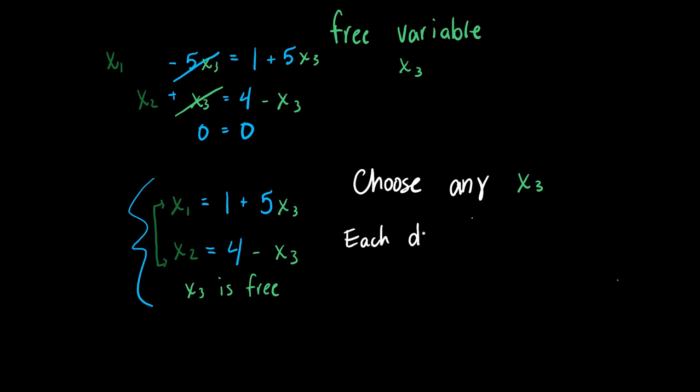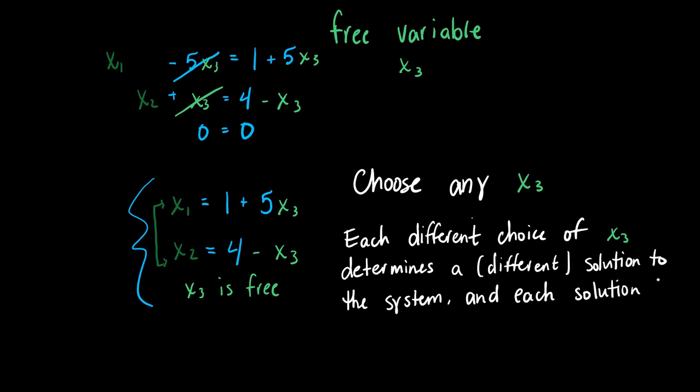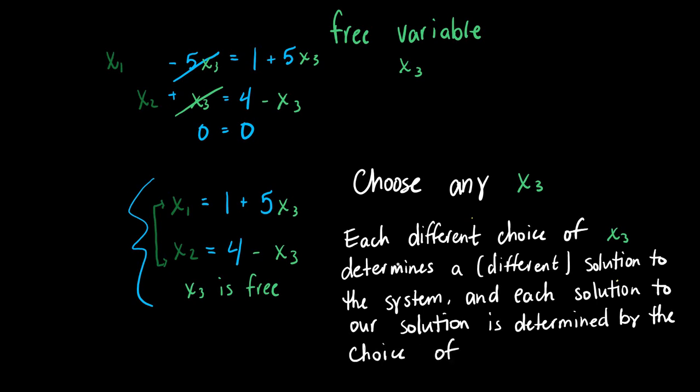Each different choice of x3 determines a different solution to the system, and each solution to our system is determined by the choice of x3.